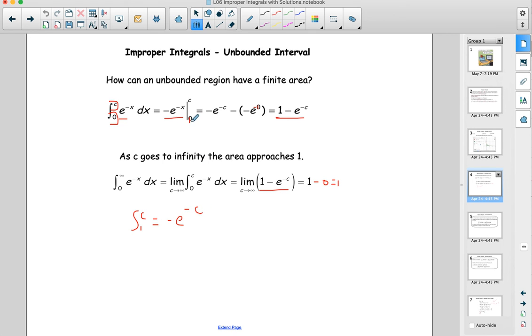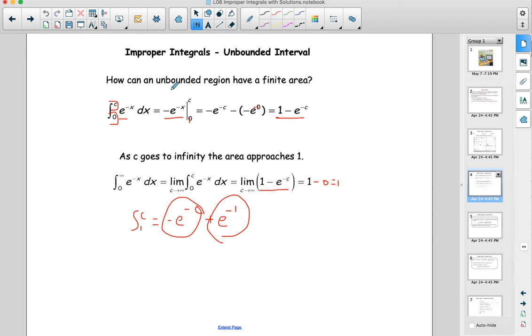But if my lower bound of integration is 1, then I take away a negative, which becomes plus, and I'm looking at e to the negative 1. Then if we send c to infinity, this piece goes to 0, and I'm left with e to the negative 1.